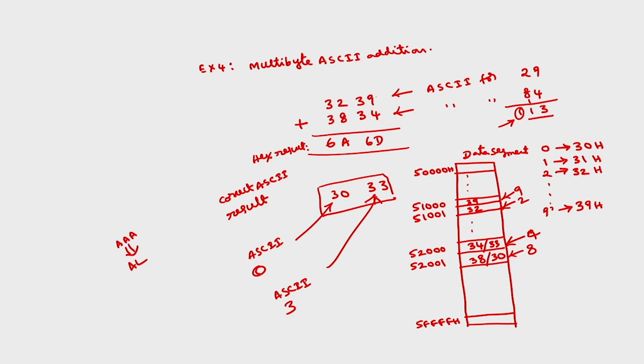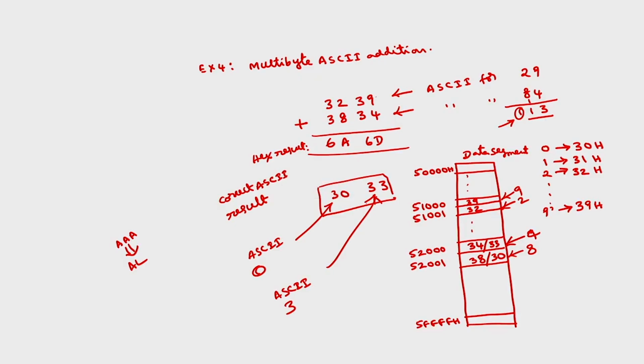I am going to take 2 onto CX, so that I can use the loop instruction. Move AL comma contents of BX. So, I am taking 32, 39, 38, 34.